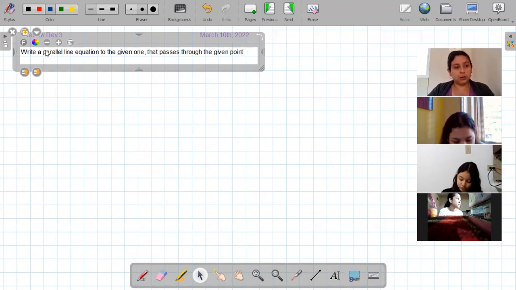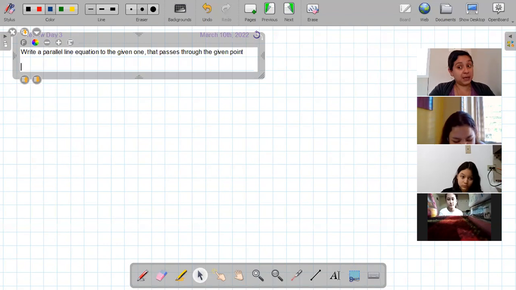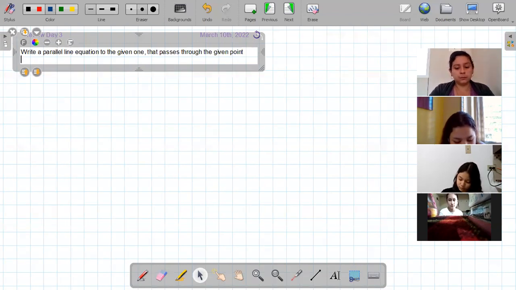What's the equation that we're going to work with? I'm going to make it up. So this is y = 3x + 7. And the given point is going to be (2, -1).